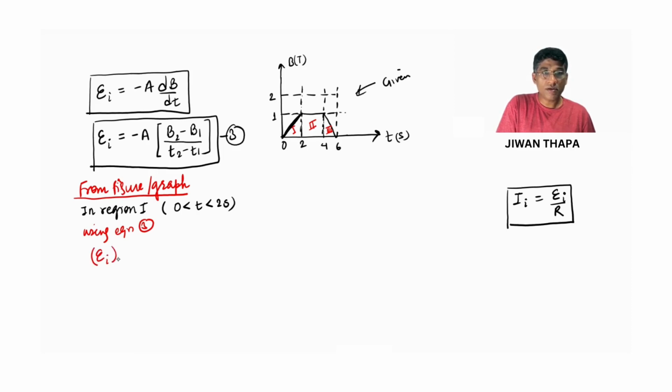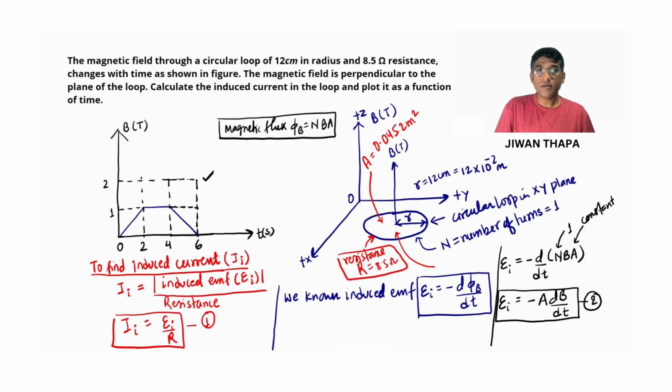The induced EMF for the first region equals minus, and we know the area; we have calculated the area. It is 0.0452 meter square.